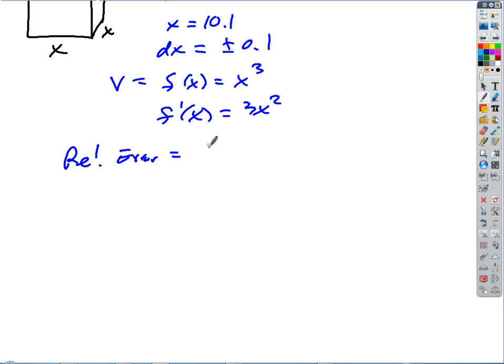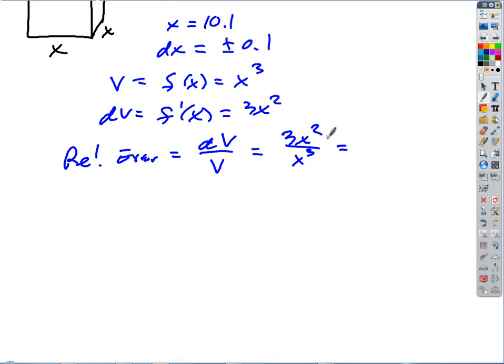Change in the quantity divided by the quantity, right? So then what is dV? Well, 3x squared, right? We just calculated that. V is x cubed. And so I can cancel some stuff, right?